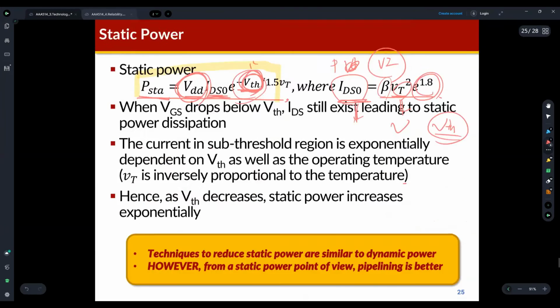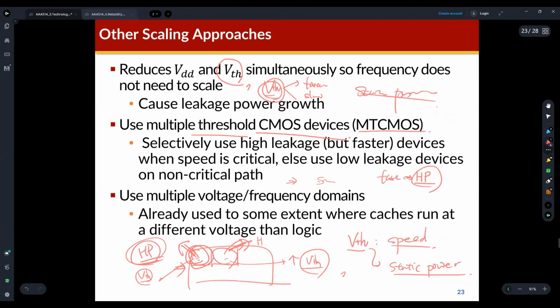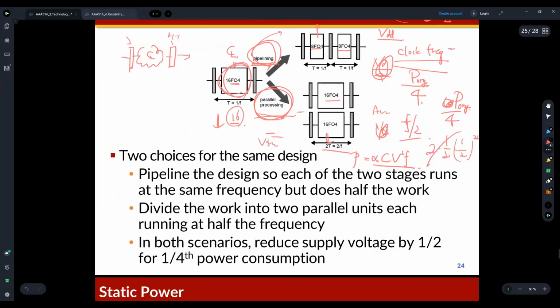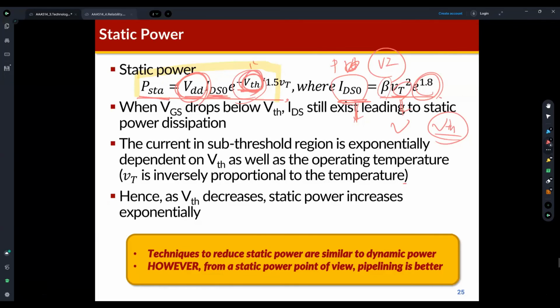Another technique is adjusting the threshold voltage. If we set the threshold voltage higher, then we can also reduce the static power.